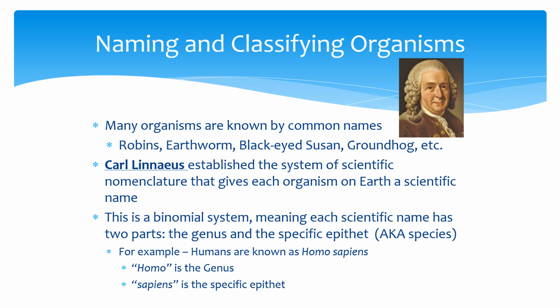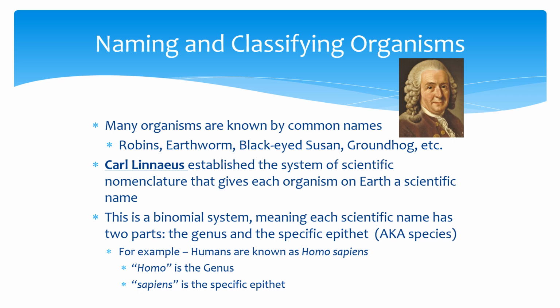If we just stopped at Homo, the genus, then we kind of don't know as much about that specific species. That's the important part because we are not the only organisms in the genus Homo, which is why we have to add sapien.